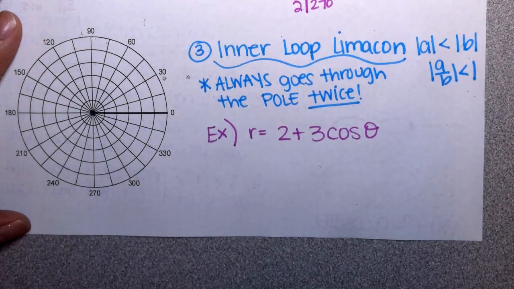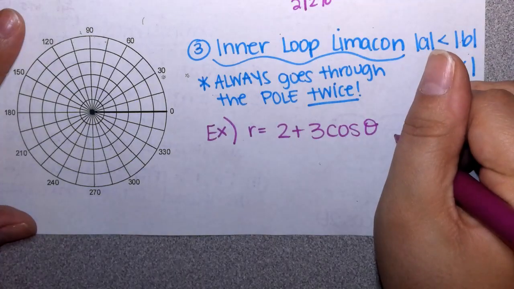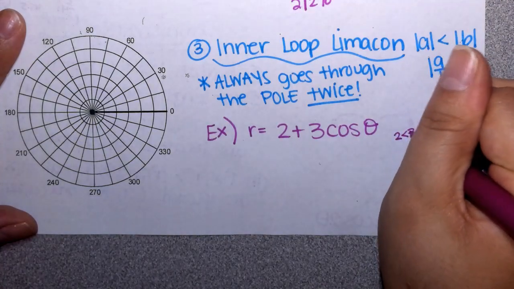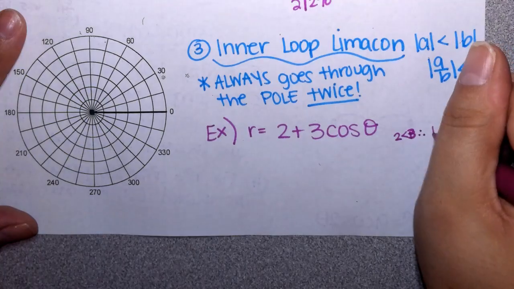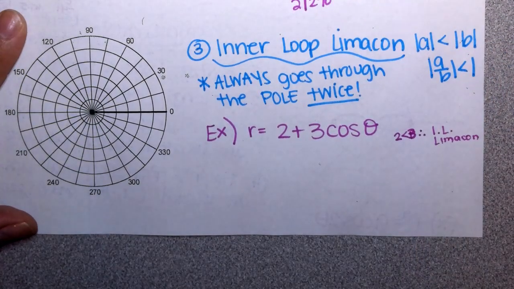So if I give you r equals 2 plus 3 cosine of theta, 2 is less than 3, therefore inner loop limaçon.